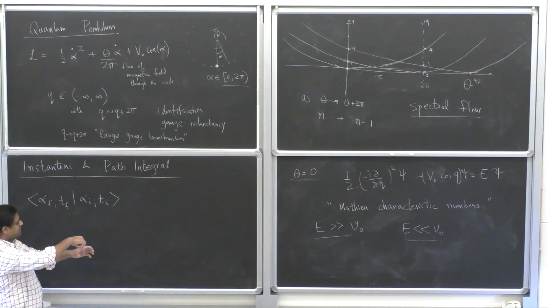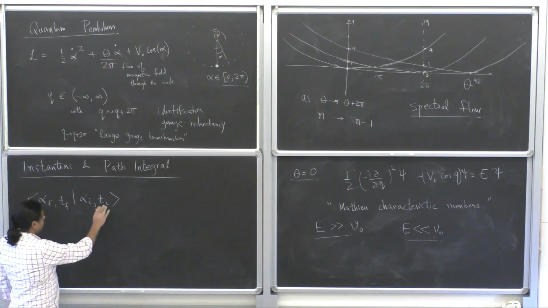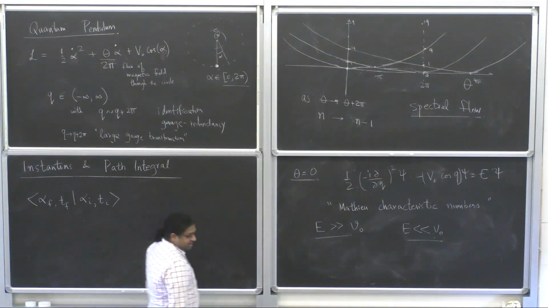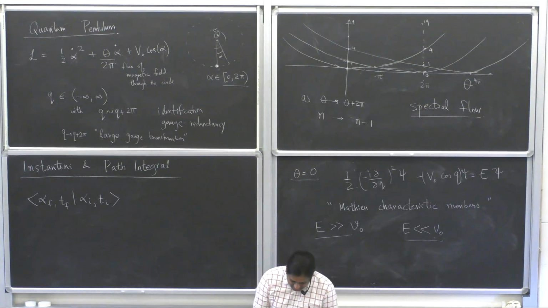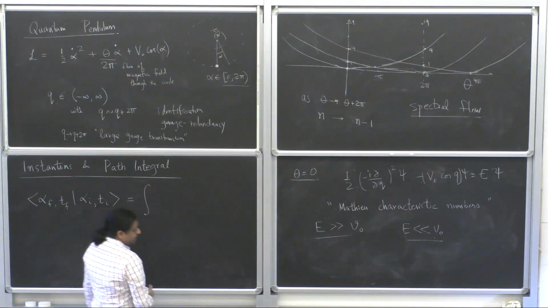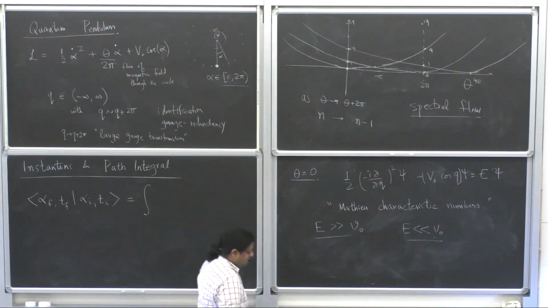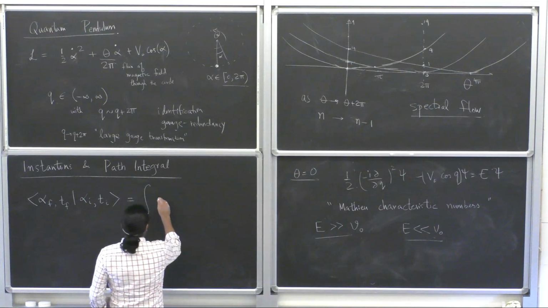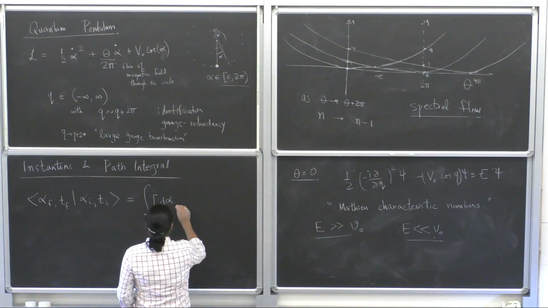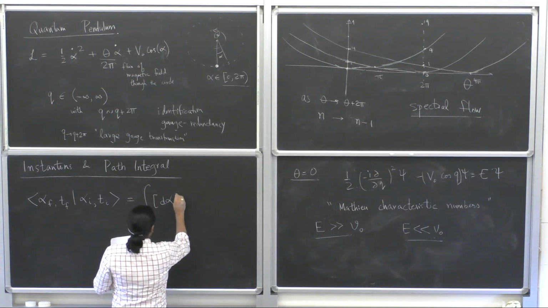If I put the particle at some particular angle alpha_i at some initial time t_i, what is the amplitude to find the particle at some final alpha_f at some final time t_f? And Feynman taught us that you can evaluate this using path integrals, where we do a path integral over all possible paths connecting alpha_i to alpha_f.